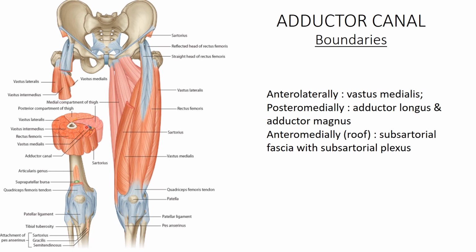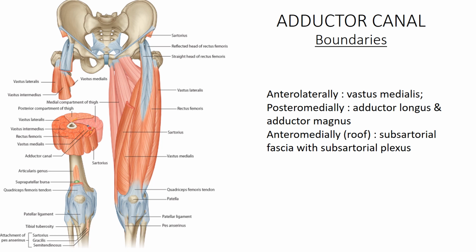Anterolaterally, it is bounded by the vastus medialis. Posteromedially it is bounded by these two adductor muscles. Initially the adductor longus, beneath which is the adductor magnus. When the adductor longus ends, then the adductor magnus.